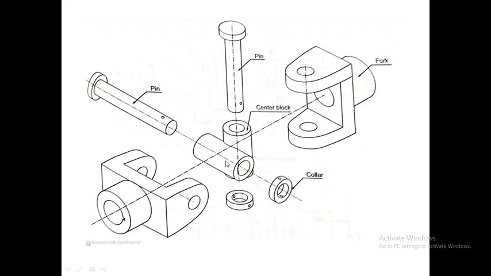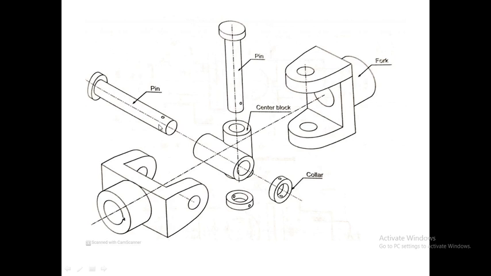Similarly, this horizontal cylinder of the center block will be fitted inside this horizontal fork, so that the hole which is present in the horizontal cylinder of the center block will get aligned with the hole which is present inside the horizontal fork. When this hole and this hole get matched or aligned, we will insert this horizontal pin.